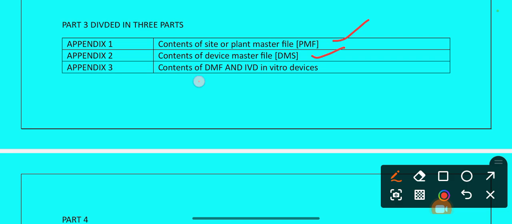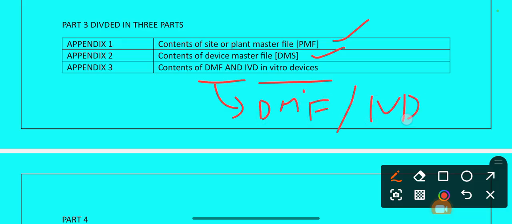DMF and IVD. DMF is the device master file, and IVD is in vitro diagnostics, in vitro devices. This is schedule 4, subdivided in part 3 into 3 parts, totally 3 parts.